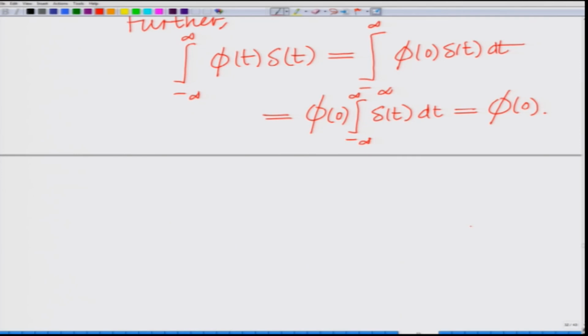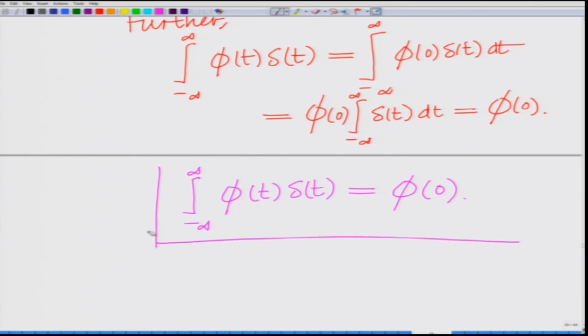So the integral from minus infinity to infinity of phi of t delta t dt equals phi of 0.